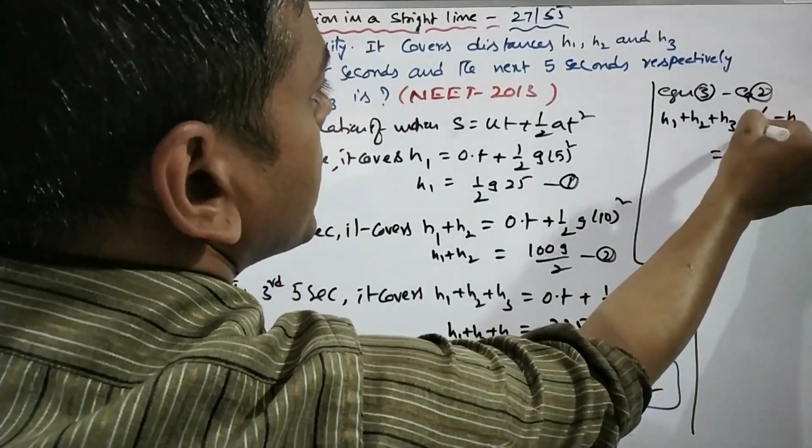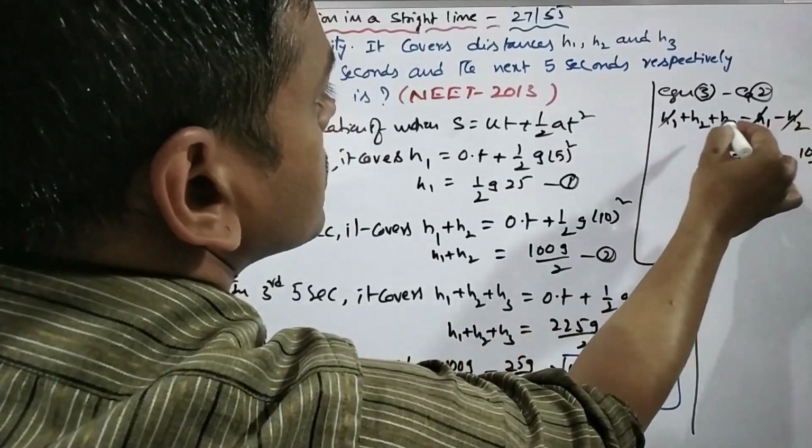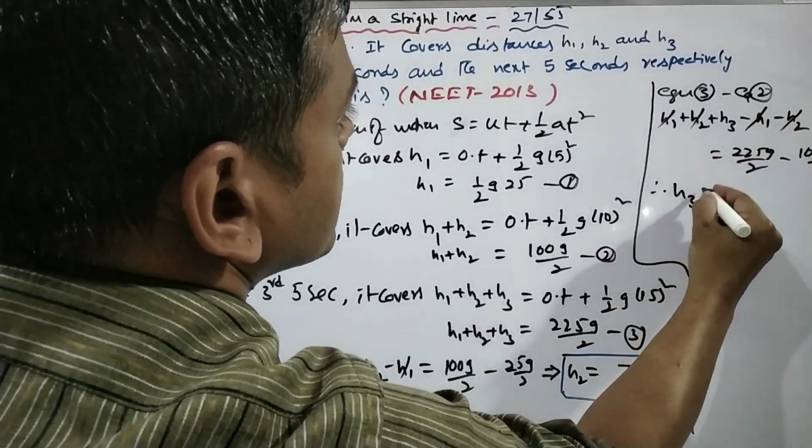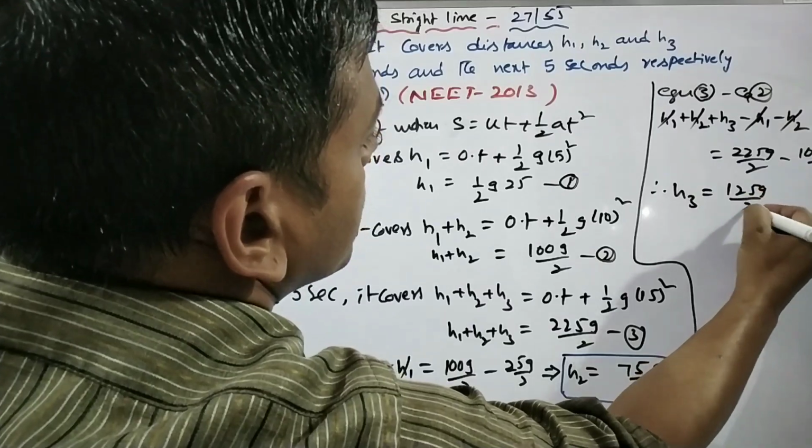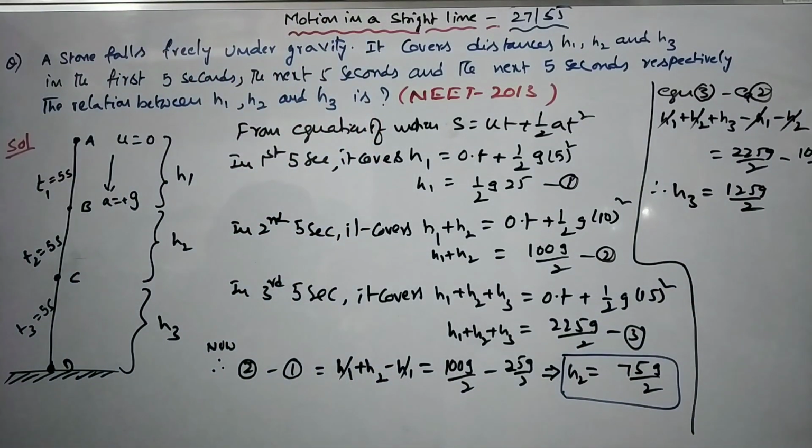Minus h1 plus h1, minus h2 plus h2 cancel. Therefore H3 is equal to 125 g by 2, isn't it?